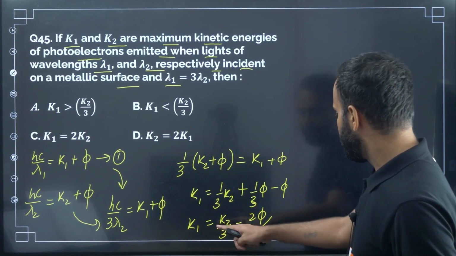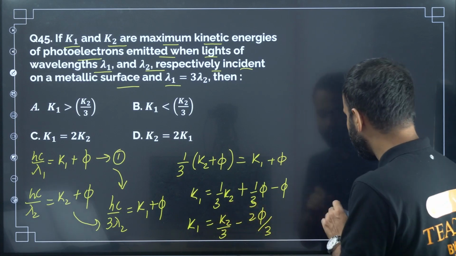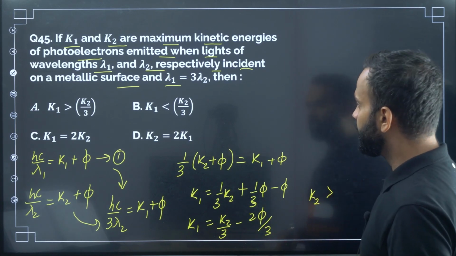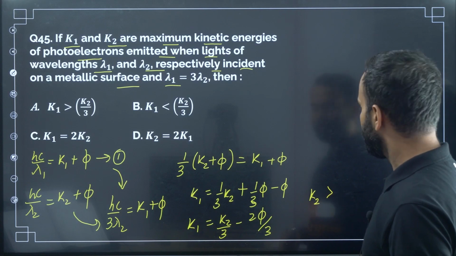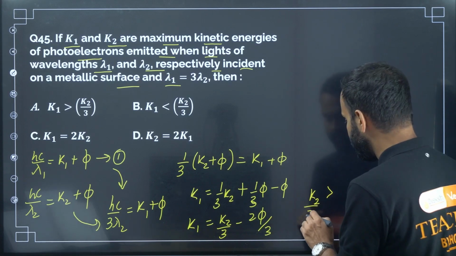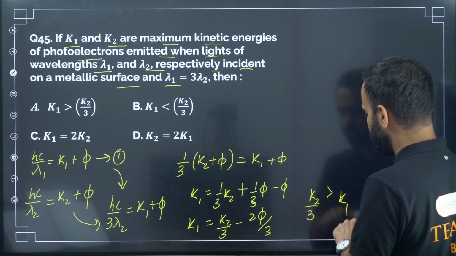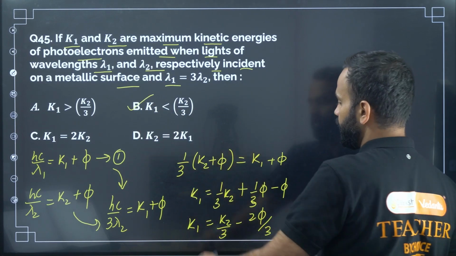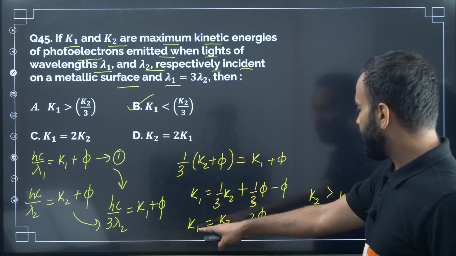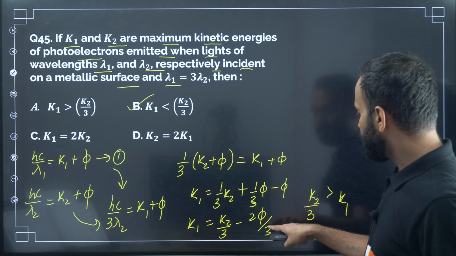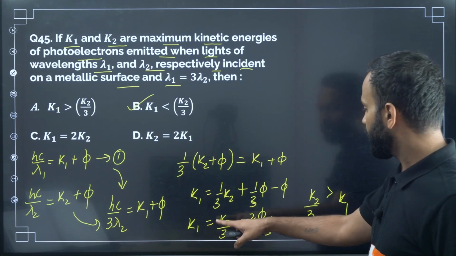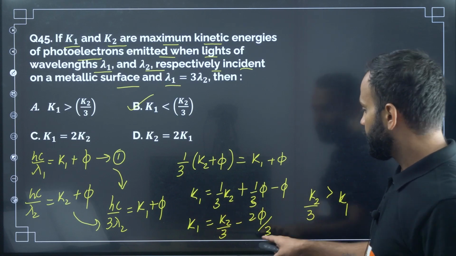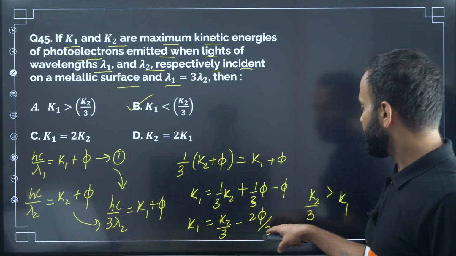From this expression, I can conclude that K2 by 3 must be greater than K1. So the correct option is B. Only then will we get a positive value here.